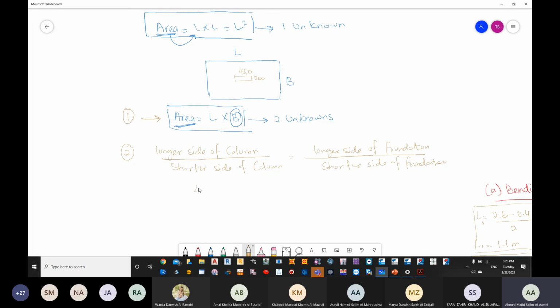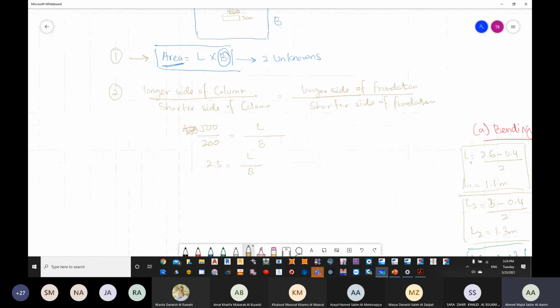So now you can say that 450, or let's keep it 500 for the easy calculation, 500 divided by 200 should equal length divided by width. So 2.5 is equal to length divided by width. So I can conclude that my length equals 2.5 times my width. So now I have my second equation, which will help me here.